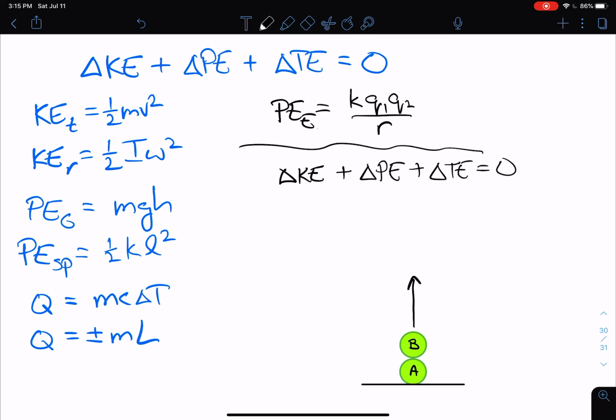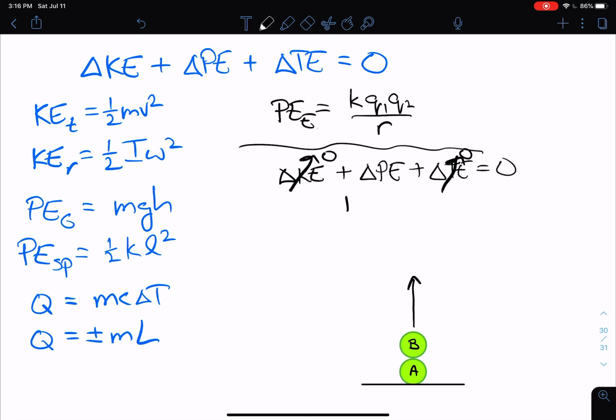And then when it gets to the highest point, that's when it's going to have stopped. So that means there's no kinetic energy at the end. There's not going to be any thermal energy for us to worry about either. So there's only potential energy. And so what we've got here is the final minus the initial, so that just means those two are going to be equal to each other.